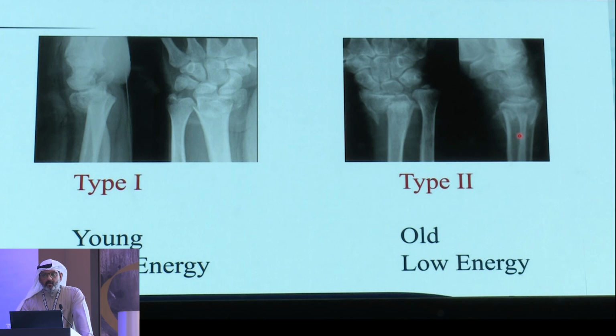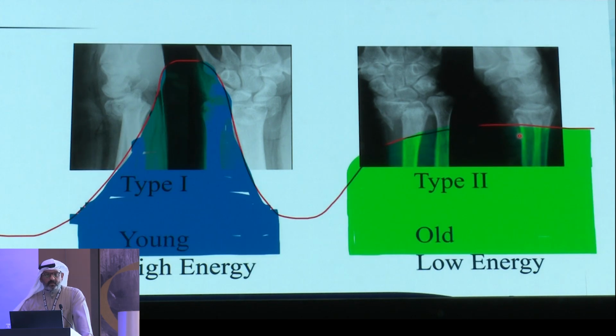Type 1 is more in reckless young patients with high-energy trauma, and type 2 is old patients with low trauma. If we draw a curve and look at the area under the curve, type 2 is a huge area, representing more patients, osteoporotic, female.